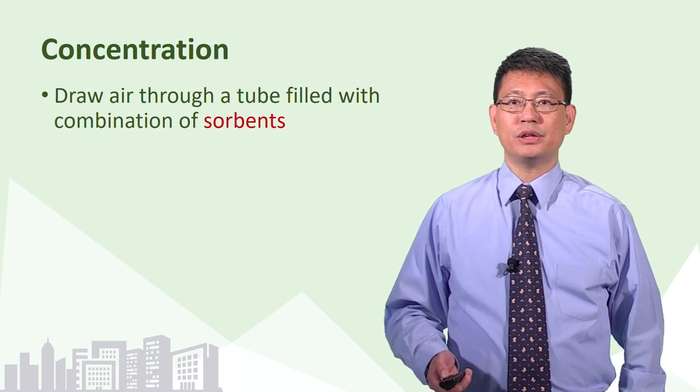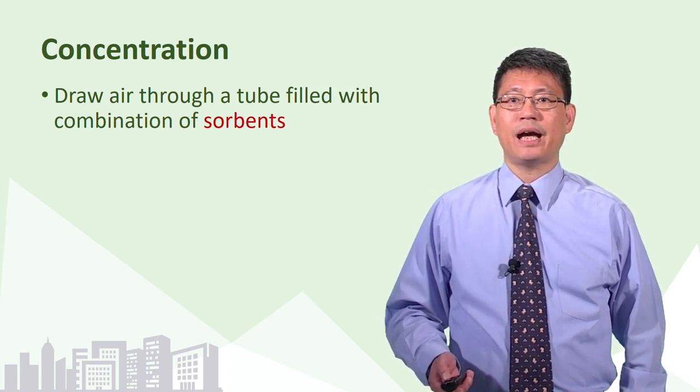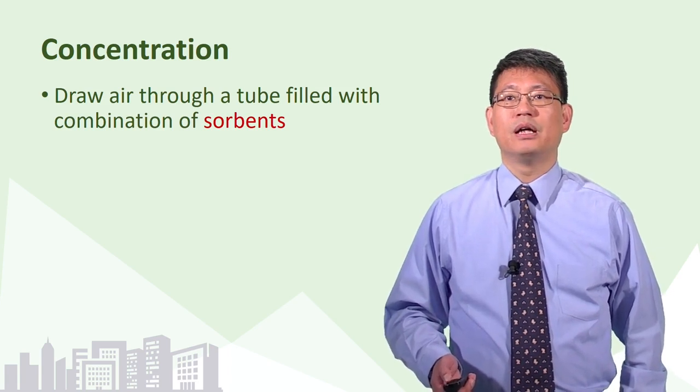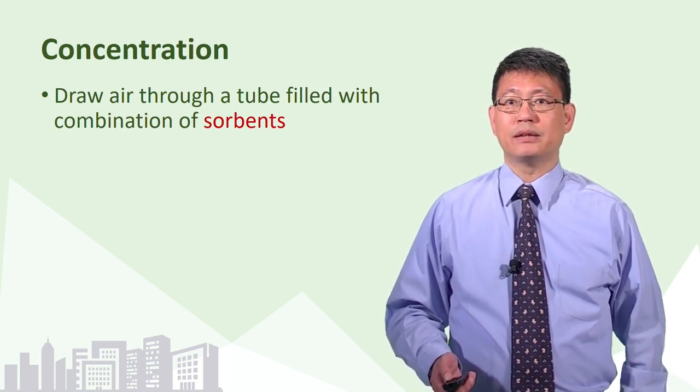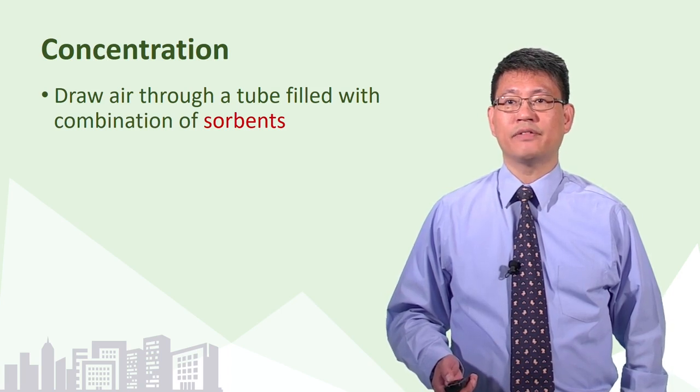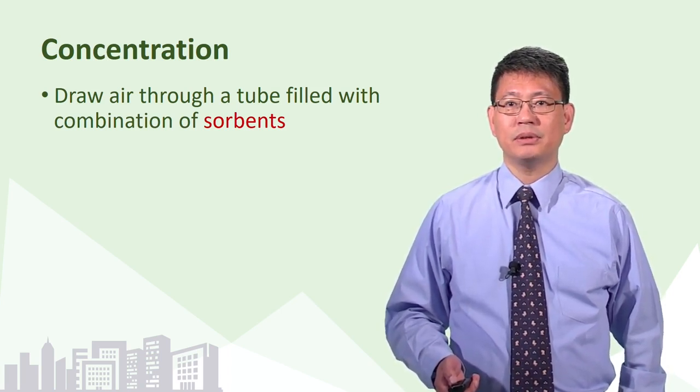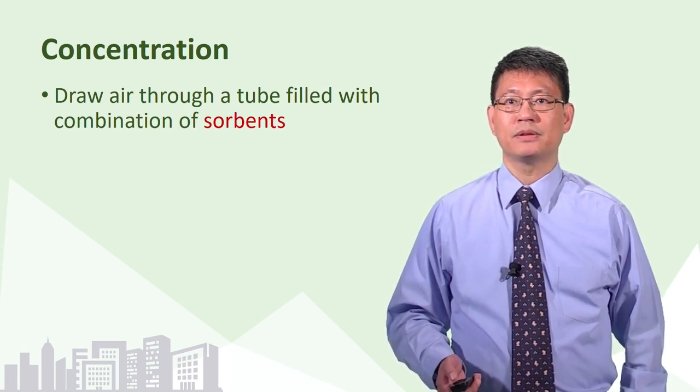Contaminants in the measured environment are chemically absorbed to the solvents in the tube. Since no one solvent material can collect all types of VOCs, several solvents are selected for the measurement based on the kind of VOCs to be measured.